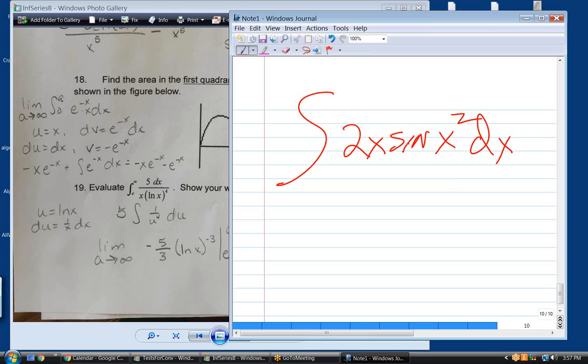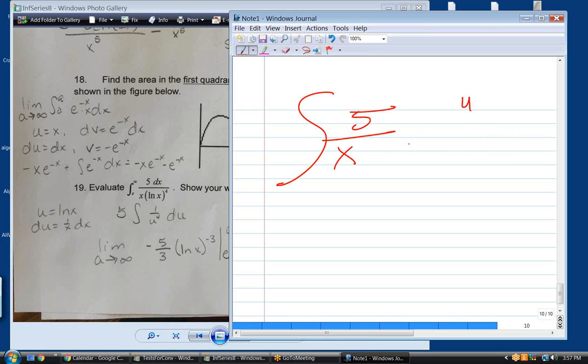So the answer would be negative cosine of x squared. In other words, most of the time you're using u substitution, that's in the numerator, the derivative of your u. But when your u is natural log, as it is with this one, the derivative of that, watch what happens. I'll do it real quick.